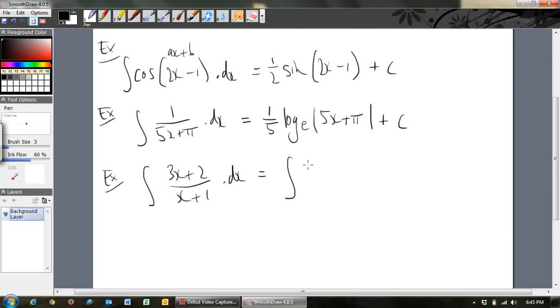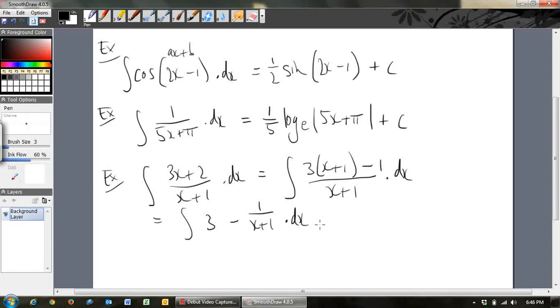We can actually perform a division, so we could take out x plus 1 as a factor on the top line. That gives you 3x plus 3, but we want 3x plus 2, so we subtract 1 off, over x plus 1. If we divide through, we get the integral of 3 minus 1 over x plus 1 dx.